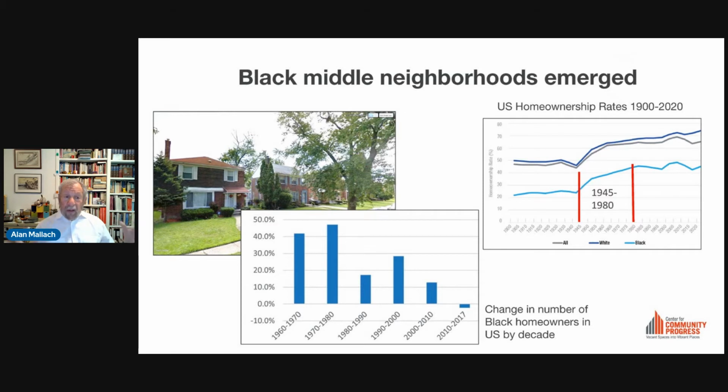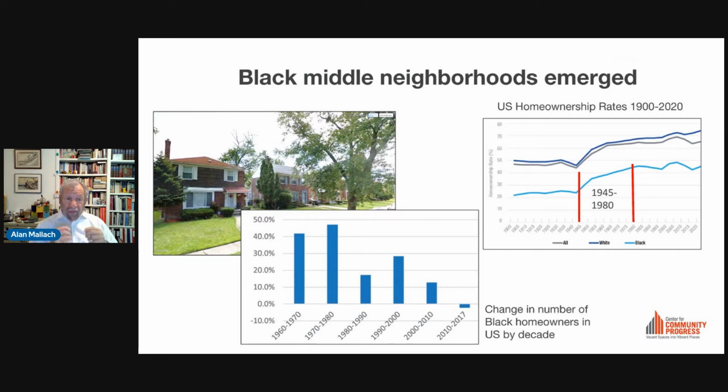a whole cluster of, and this is something that I don't think people appreciate fully enough, the period from 1945 to 1980 was a period of extraordinary expansion in Black homeownership. The number of Black homeowners between 1960 and 1980, a much smaller period, doubled.